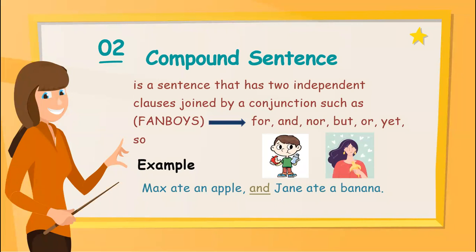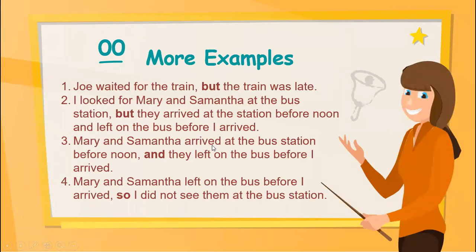So, example: Man ate an apple and Jane ate a banana. Yes, very good. So we have an independent clause and another independent clause. We have two subjects, we have two verbs, and we have one of the FANBOYS to join the second sentence.